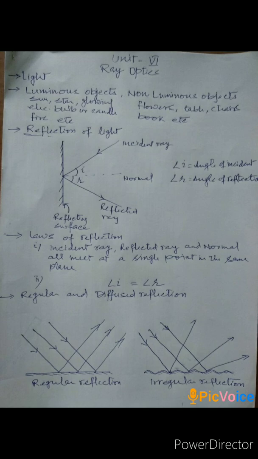So one side is reflecting. Whenever a light ray is incident on the reflecting surface, it bounces back, as shown in the diagram here.